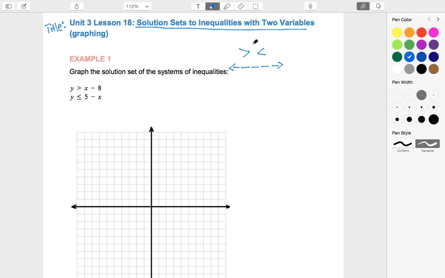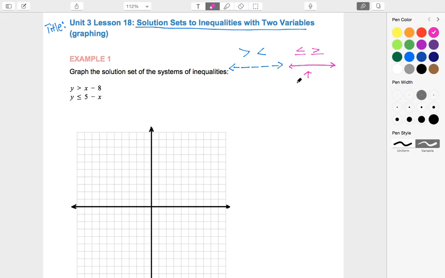And that's only for greater than or less than. But let's just say that we had something like less than or equal to or greater than or equal to. That means our line or our boundary is going to be a solid line, right? Because this includes all the solutions on the line.